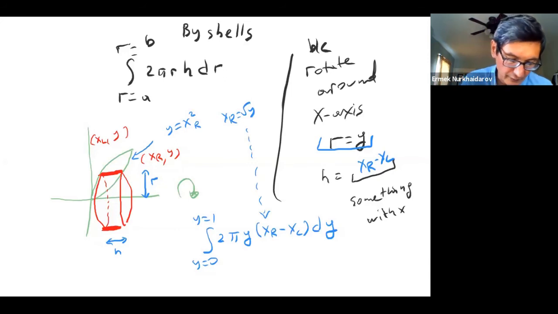The curve to the left has equation y equals square root of x left. Solve it for x left: square both sides, so x left equals y squared. We take this and substitute for x left into our equation.